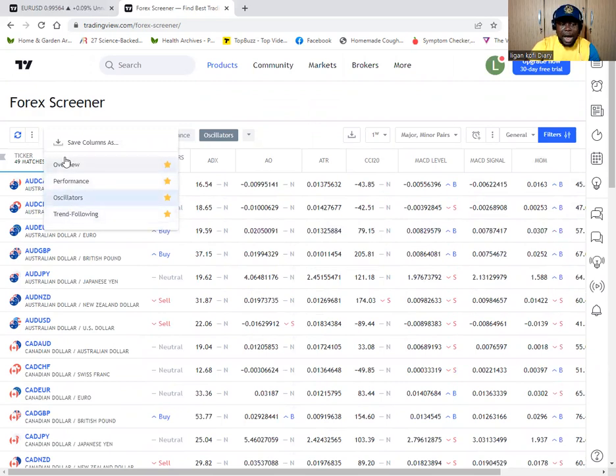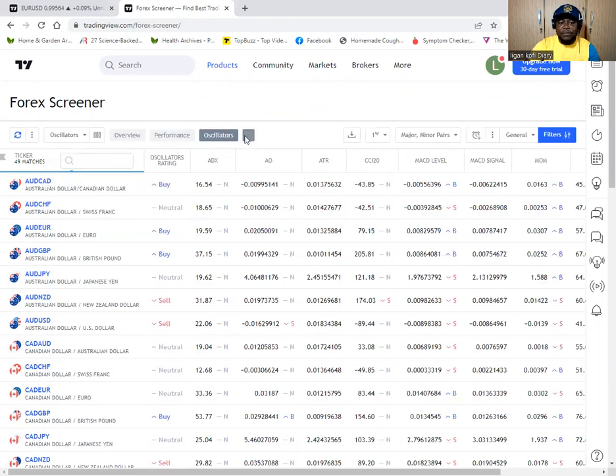If you haven't subscribed to the paid package, you cannot use the overview and the performance, the first two. You can only use the oscillator and the trend following, unless you have paid for the packages. So the only two available for use are trend following and oscillator. This is where you do the changes.